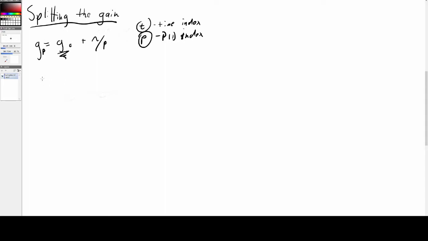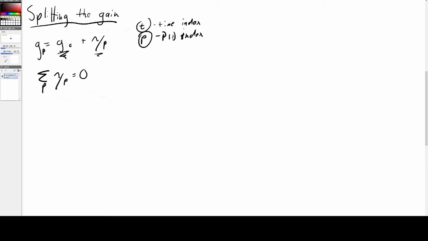And what we have to do now in order for this whole splitting to make sense is that we have to impose a constraint on gamma, which is that if we sum over all of the p's, this needs to sum up to 0.